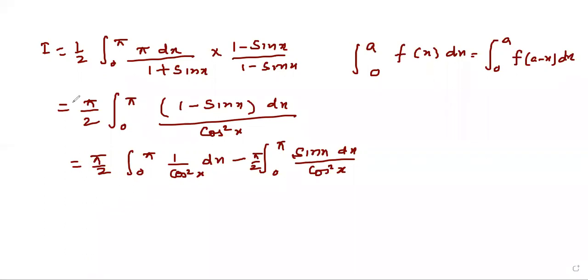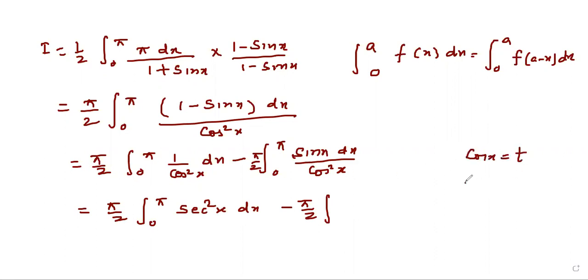So it will give I equals pi by 2 integration 0 to pi sec square x dx minus pi by 2 integration. Here we can put cos x equal to t, so minus sin x dx equals dt.